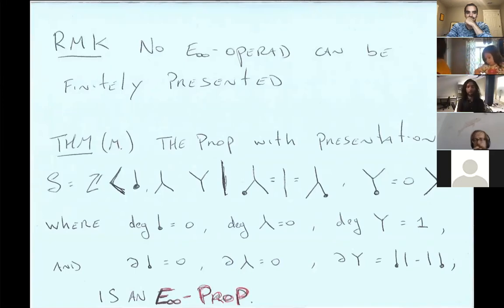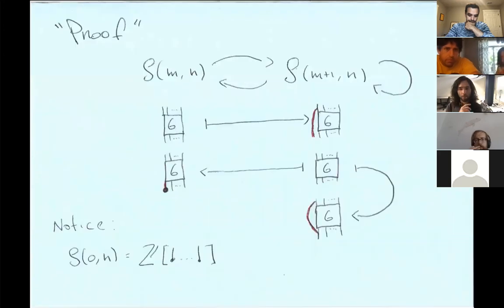So now I would like to say, how do we prove something like this, which will also give us more information of what's the structure in other biarities, not just the 1, n part, but also the m, n part of things. So here's the proof in quotes.